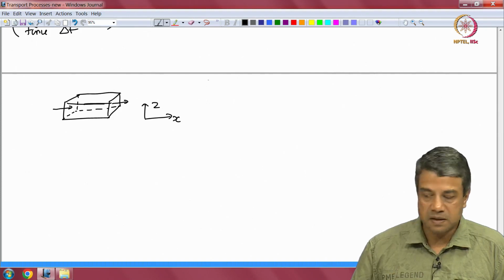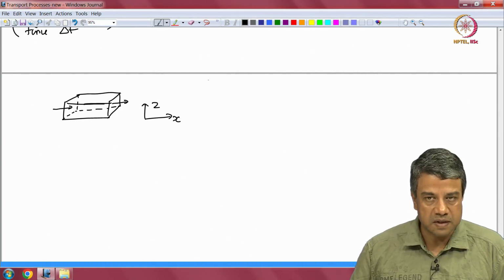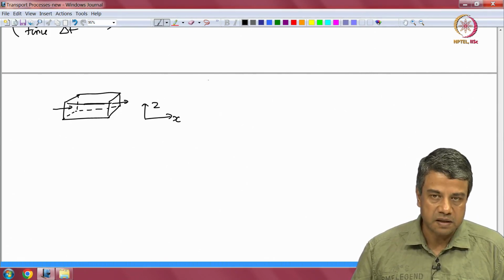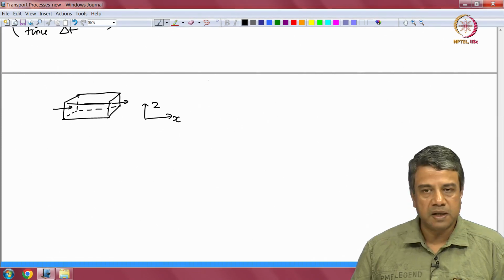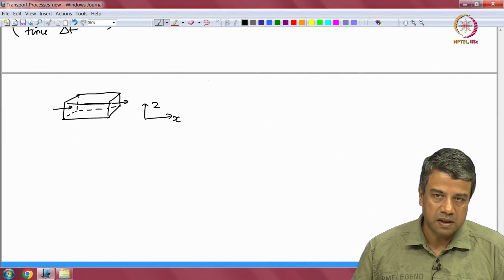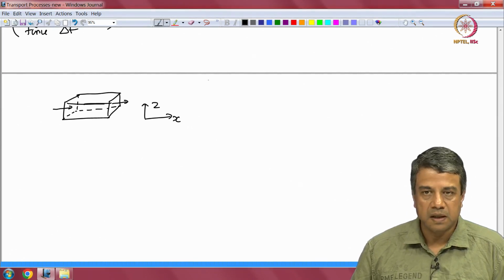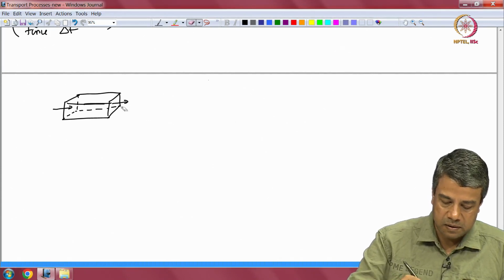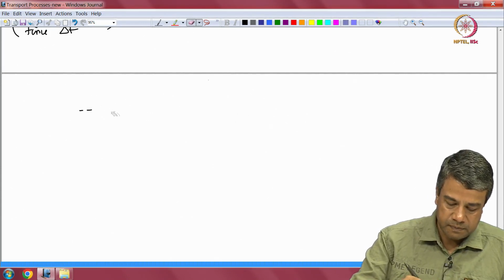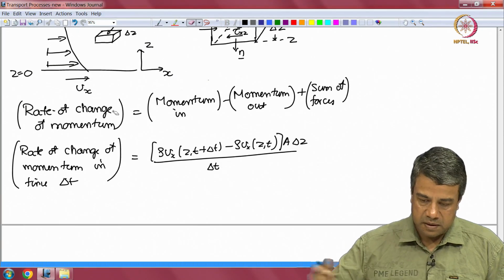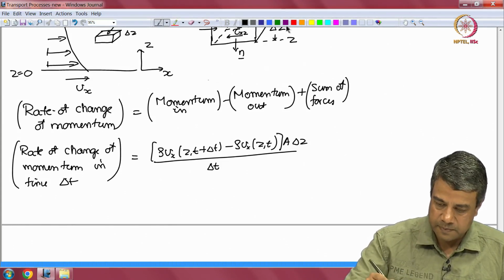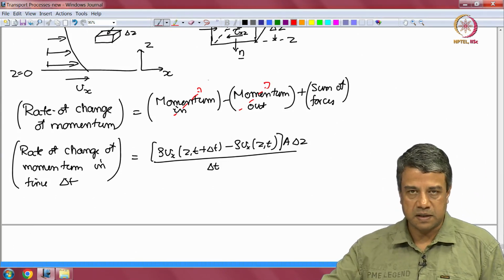Even though there is flow, because it is unidirectional, there is no variation in velocity in the x direction, and so there is no net change in momentum due to the fluid coming in and going out. So, momentum in and momentum out sum to 0, and you only have the sum of forces that are exerted.